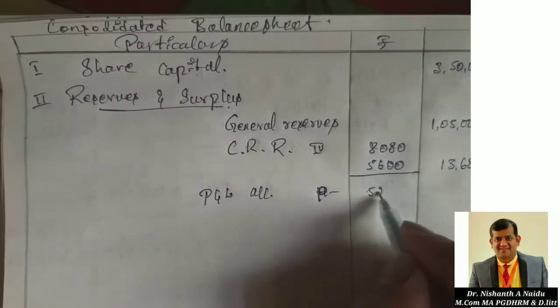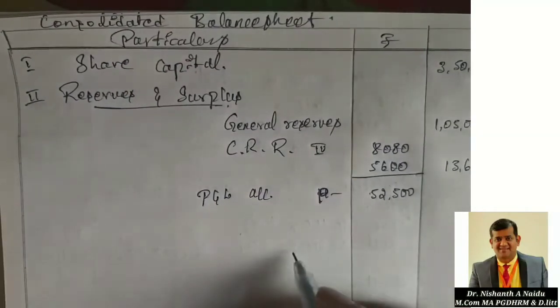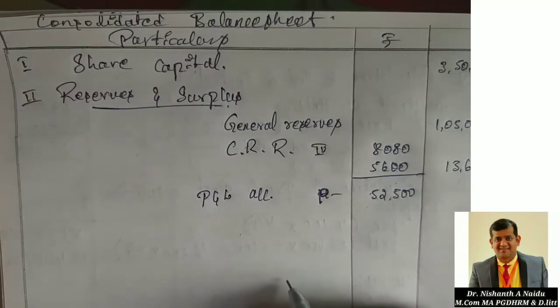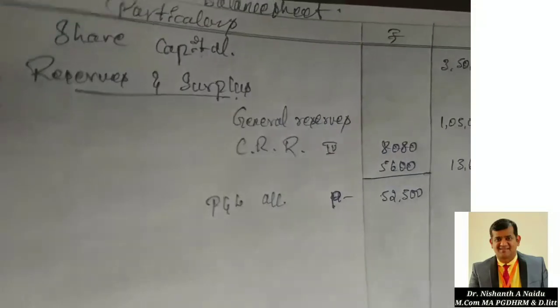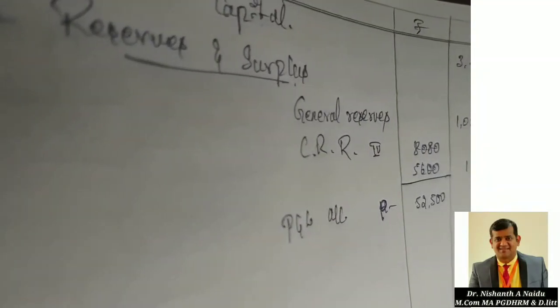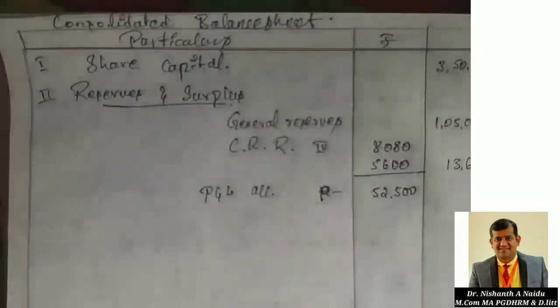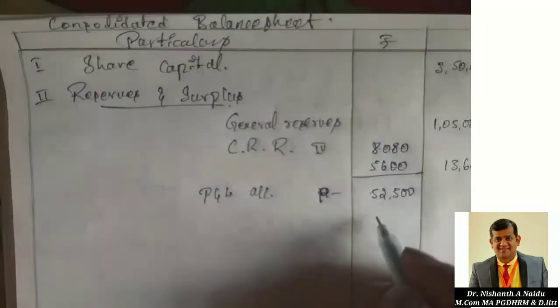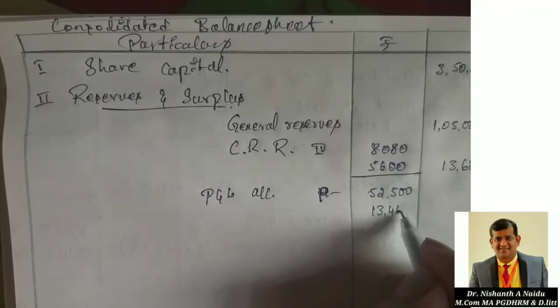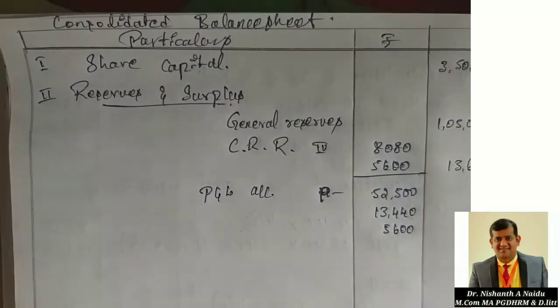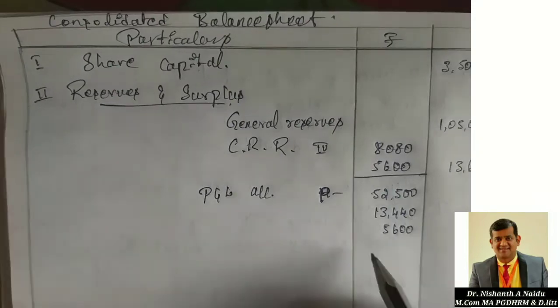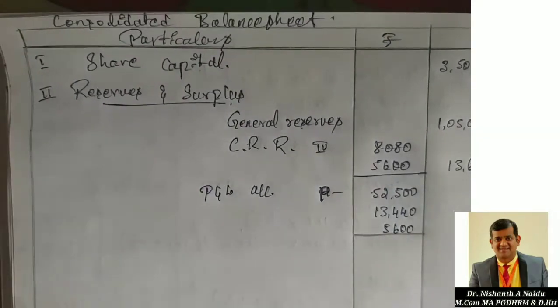We have 52,500 rupees. Then in the adjustment, whatever we have identified in working note number 6 and 5, that is 13,440 and 5,600.